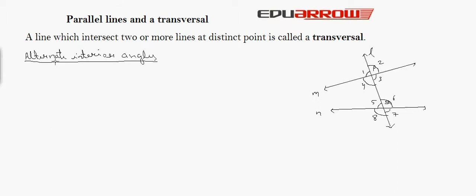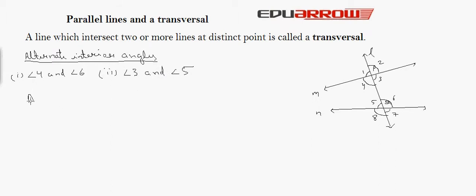Now alternate interior angles. Here angle 4 and angle 6 are alternate interior angles, and angle 3 and angle 5 are alternate interior angles.